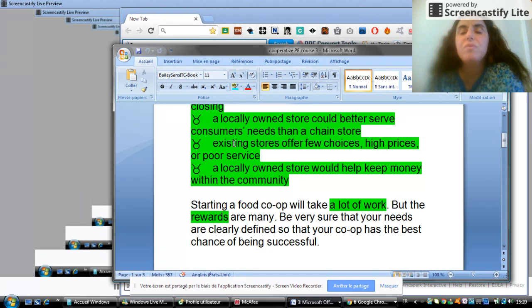So the two volunteering persons, considering establishing a cooperative, might believe that the prices imposed on goods or products sold in a particular place might be too high for them to afford, or the products or services could be of poor quality.